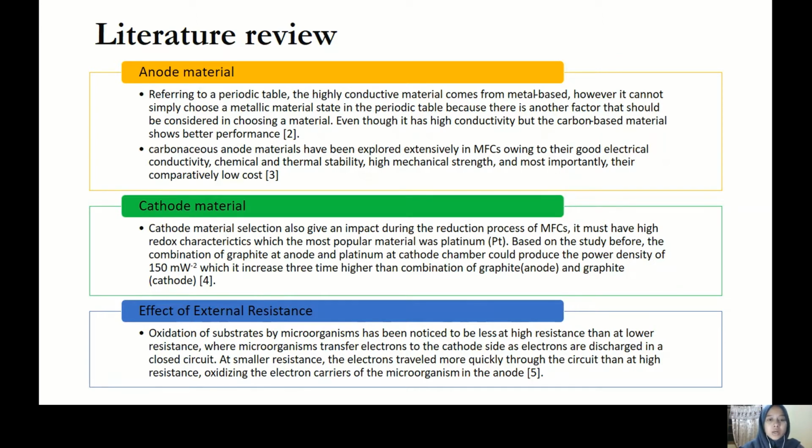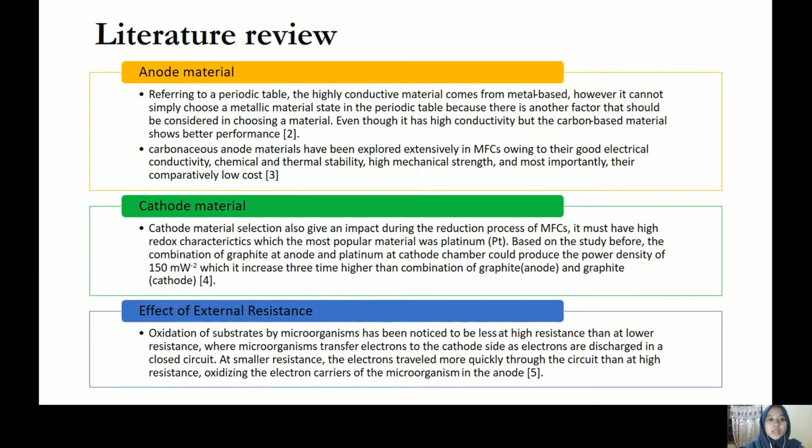So the anode material should be high in conductivity, have high mechanical strength and high porosity, and most importantly, be comparatively low cost. We know that metal-based material is high in conductivity compared to carbon-based material, but we cannot simply choose a metallic material because we should consider other factors.